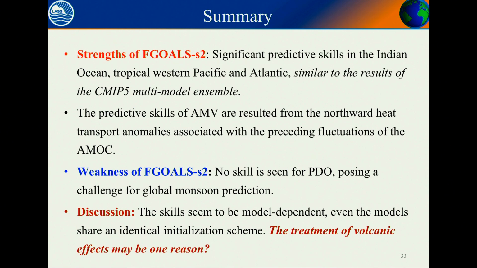For the weakness of the FGOALS hindcast, we cannot get useful skills for PDO, because global monsoons, including Asian, African and American monsoons, actually are dominated by the phase changes of PDO. So the limitation of the current models in predicting PDO poses a challenge for the prediction of global monsoon.